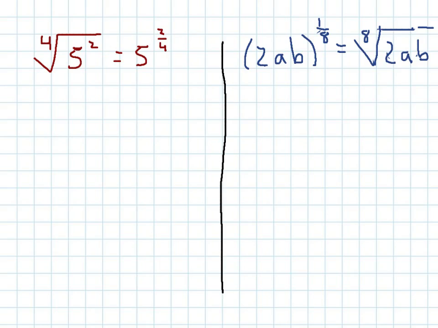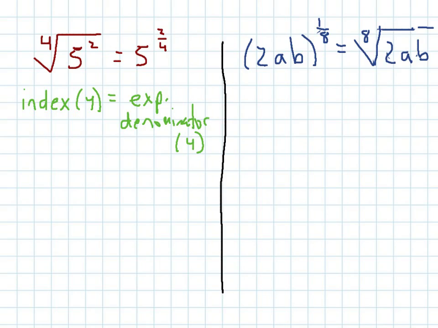So looking here, let's look for what we've got. So what we're looking for here is the fact that we have an index of 4 equals the exponent denominator, which is also 4.